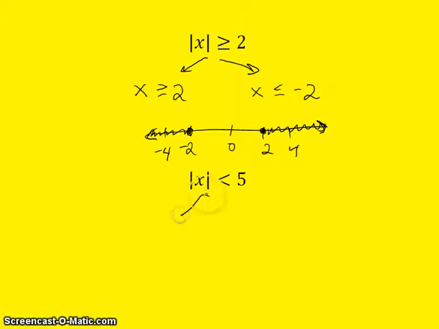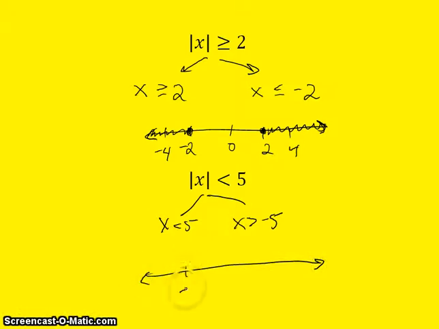In the next example, we have x is less than 5 and x is greater than -5. So if we were to graph this one, we have x is less than 5, so open circle and shade it to the left, and we have x is greater than -5.